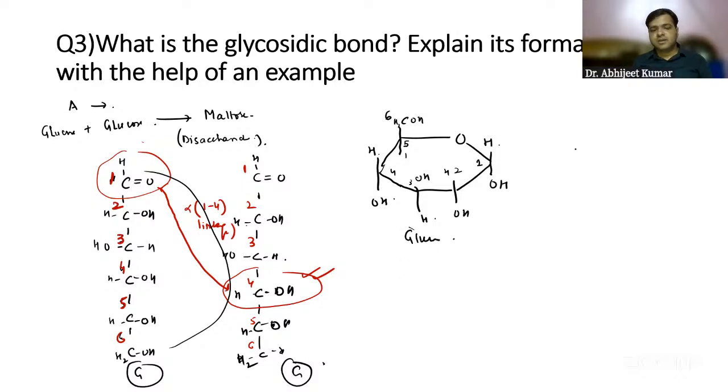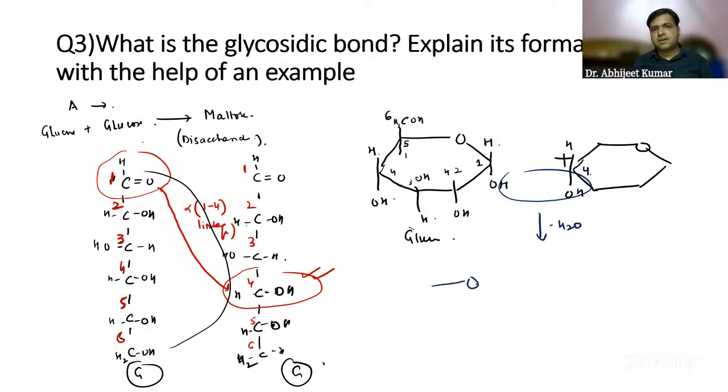The same structure, guys, you have to draw again, just to show the linkage over here. I'm not trying to draw each and every thing again. And over here, we have the fourth carbon. We have H and OH. Now to show the linkage, guys, remember the water molecule is removed from here, right?